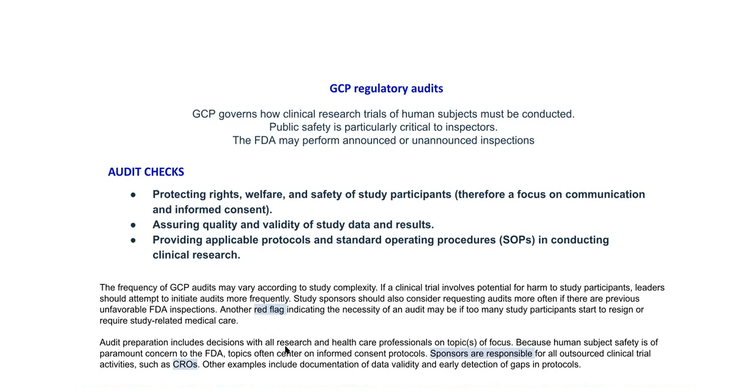And finally, I think this comment is very important: sponsors are responsible for all outsourced clinical trial activities such as CROs. So remember, when you go to the authorities, you should be well aligned with your contractor, with the strategies that you have already proposed. This is very, very important.